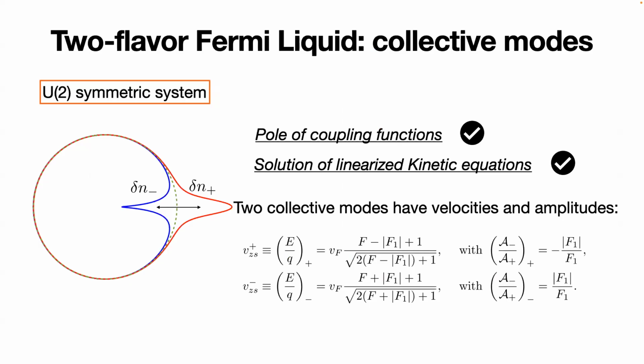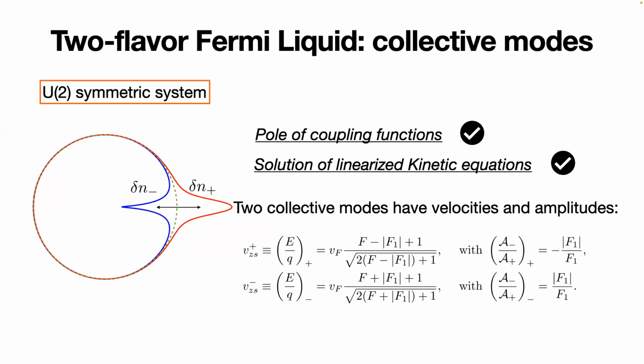And then we can also study the collective modes in the Fermi liquid phase. Besides this density collective mode that describes the deformation of the two Fermi surfaces in the same way, we have a new collective mode that describes the two Fermi surfaces deforming in the opposite way. So basically delta n plus and delta n minus have opposite sign.